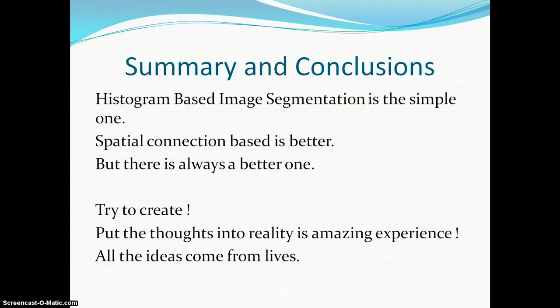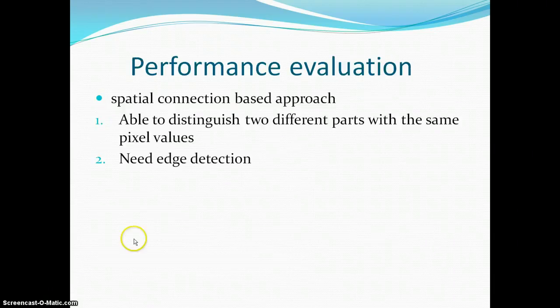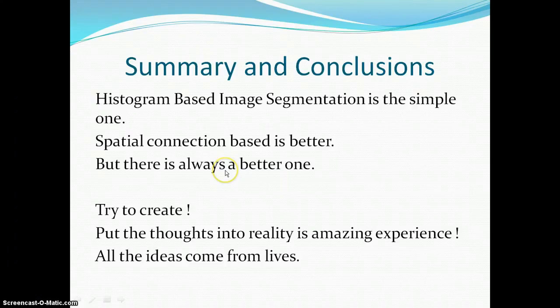For the summary and conclusions, histogram-based image segmentation is a simple one. It is easily achieved, but of course it has a limitation, as I presented. So the spatial connection based approach is better, but there is also a better one. Just as I mentioned, we can use the edge detection technique.